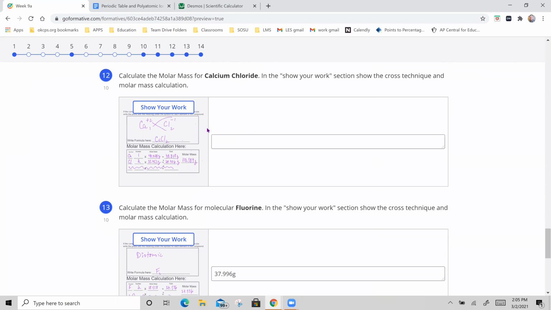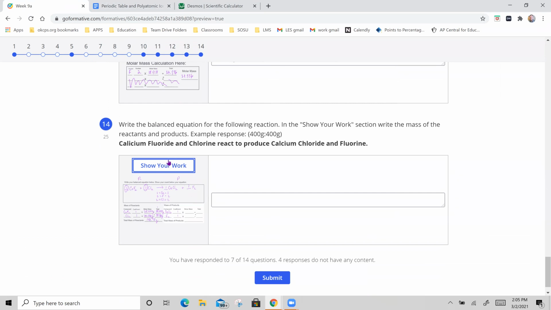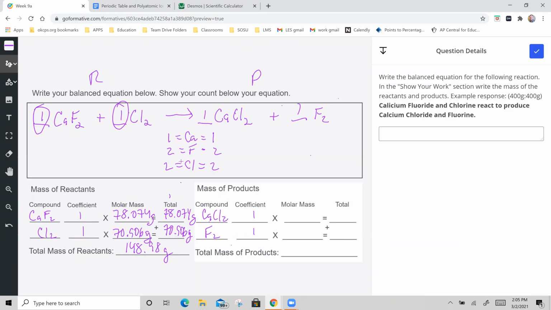Calcium chloride we said was 110.984 grams, and 1 times 110.984 is 110.984 grams.